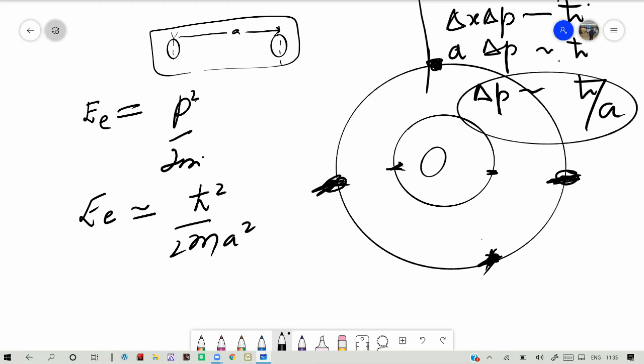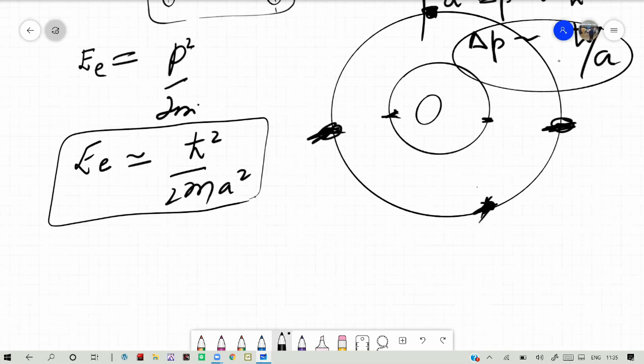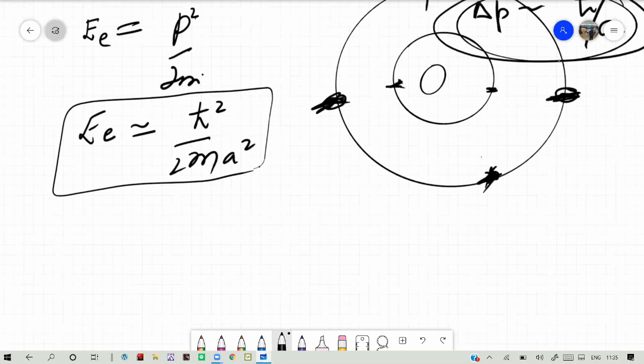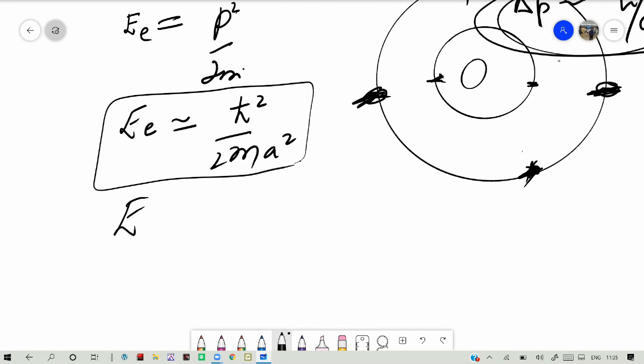This 2 is a constant, so it is approximately proportional to this factor, using the uncertainty value.